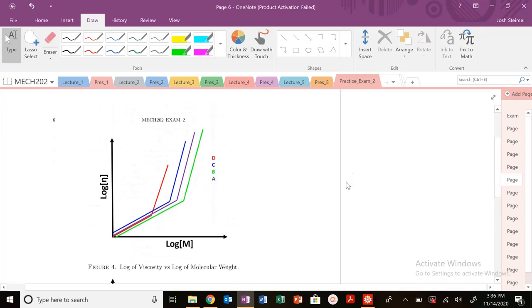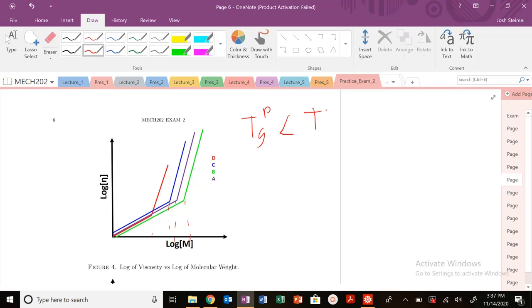Looking at this plot, remember, we know that this is our critical molecular weight for entanglement. So they're saying that my Tg of D is less than my highest Tg, just like that example of polystyrene versus polyethylene: more flexible, easier to entangle.